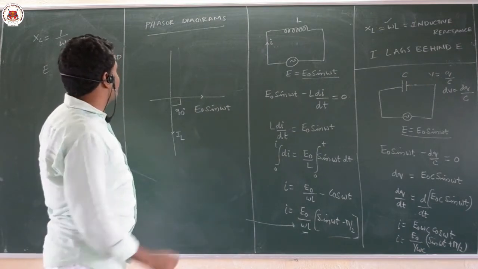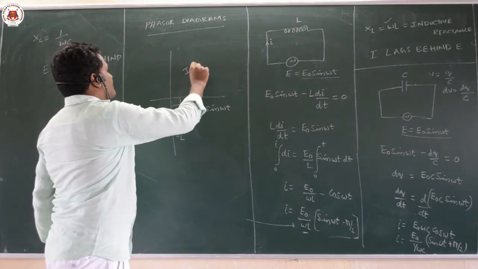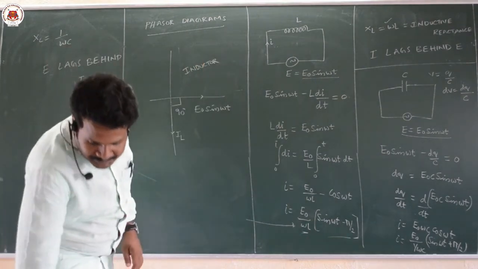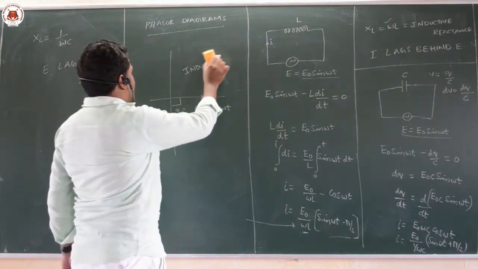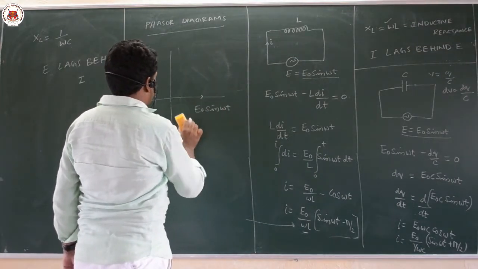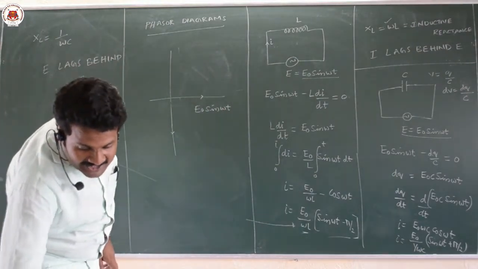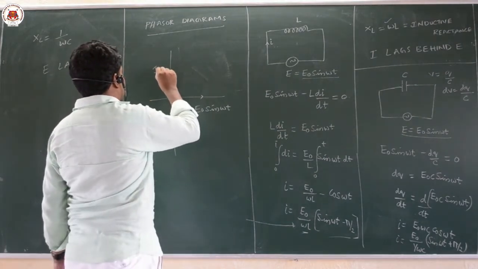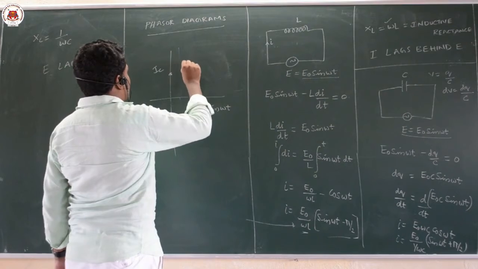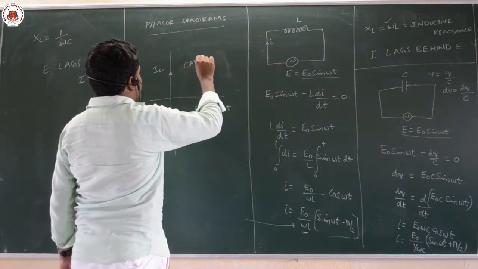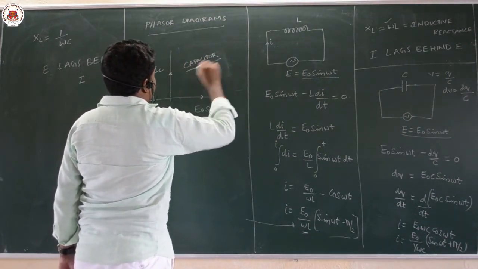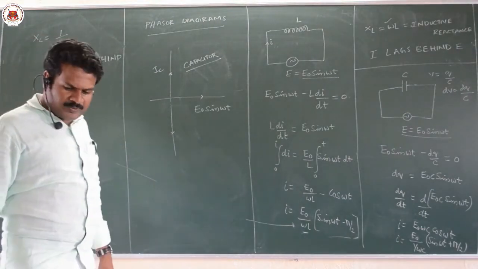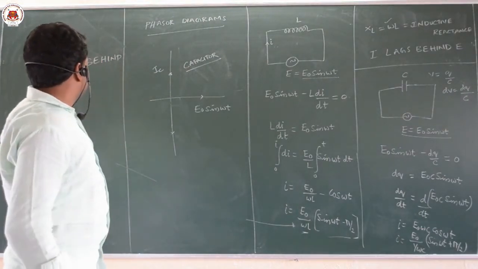This is the phasor diagram for the inductor. For the capacitor, the same thing: applied EMF is E naught sin omega t, but in this case current leads the EMF. This is the current across the capacitor. This is how we can apply it to the capacitor.